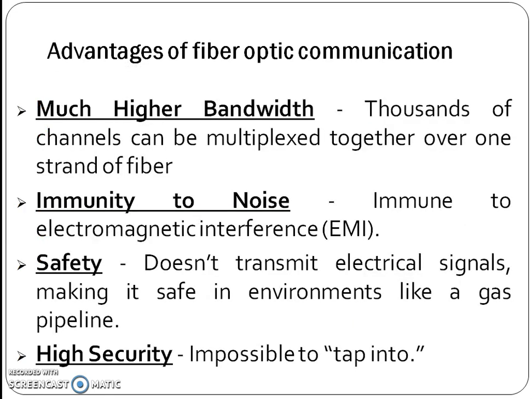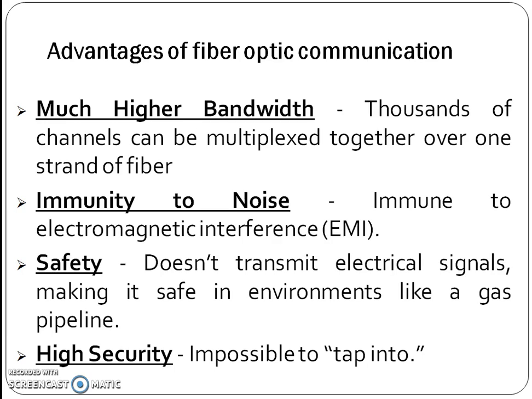Then advantages of optical communication. There is a much higher bandwidth, in terms of gigabits per second to terabits per second, because thousands of channels can be multiplexed together over one strand of fiber. Then immunity to noise.